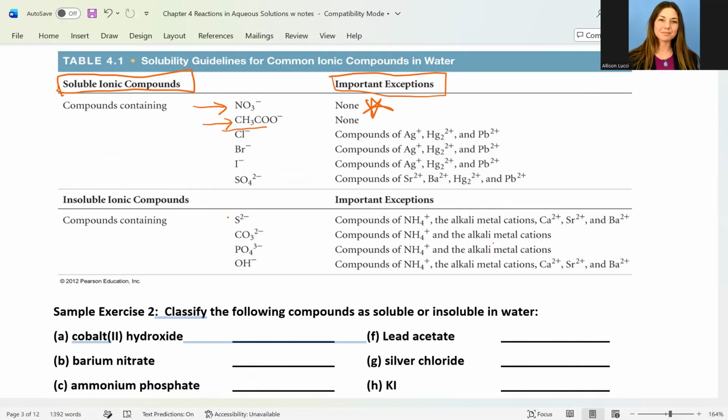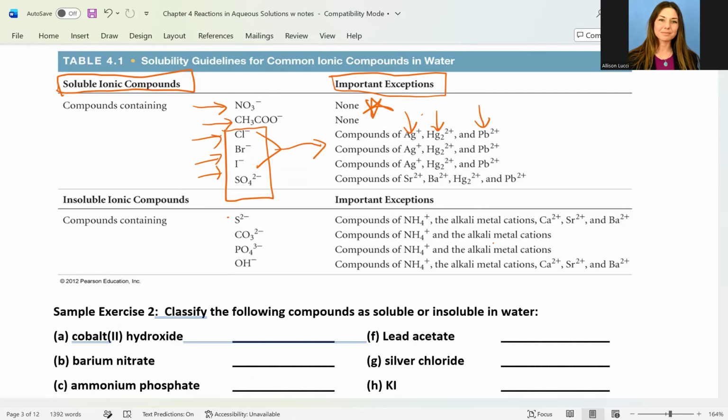But we have some exceptions for chlorides, bromides, iodides, and sulfates. For these first three, the exceptions are the same. Any silver containing, mercury(II) containing, or lead(II) containing compounds, when their aqueous solutions are mixed with chloride, bromide, or iodide containing compounds, are going to form a solid, a precipitate.